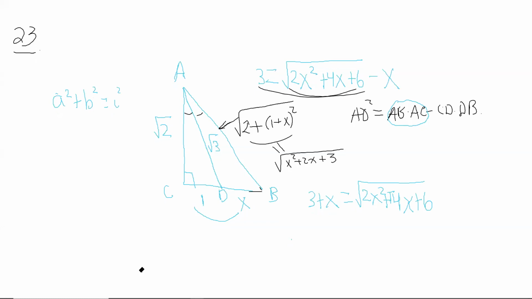And yeah, I kind of just solved for x. So 9 plus 6x plus x squared equals 2x squared plus 4x plus 6, and then I solved for x.